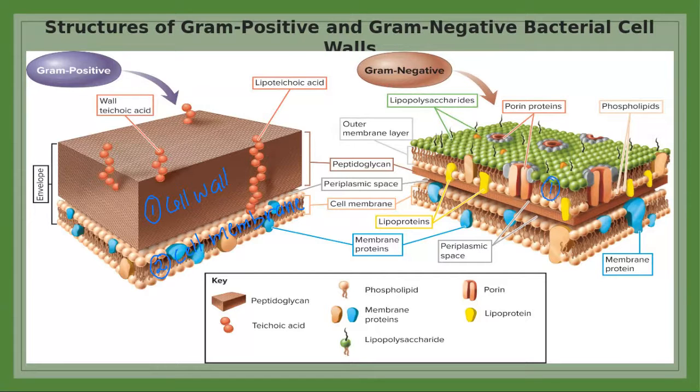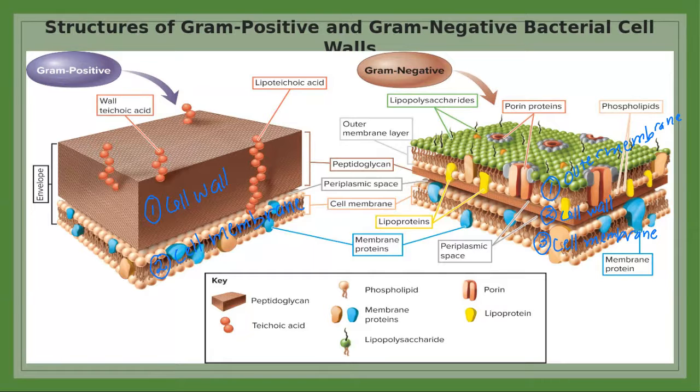One, the outer membrane. Two, the cell wall, which is really thin. And number 3 is the cell membrane. So these are the differences between the cell wall of gram-positive and gram-negative bacteria.